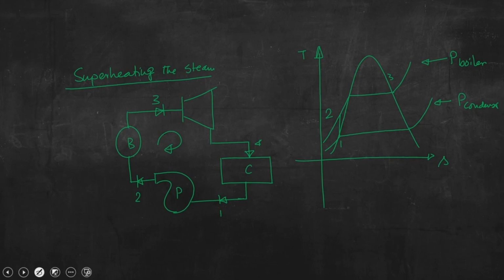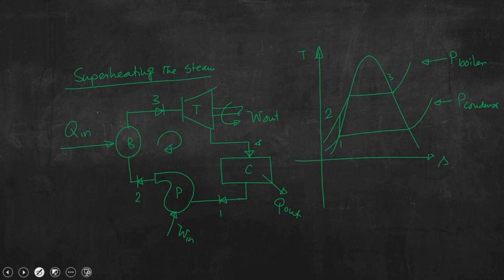We are trying to stick to exactly the same notation that we have followed in the previous classes. So, this is W out, this is Q out, this is Q in and this is W in, this is turbine.